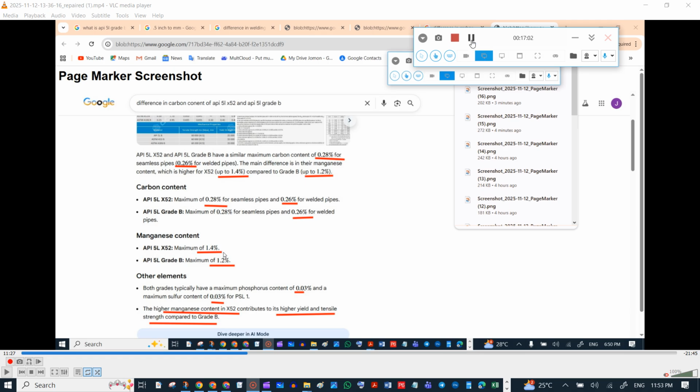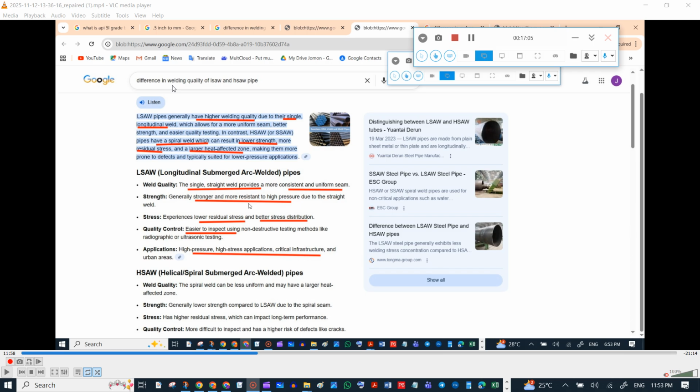Okay. So what is the difference in welding quality of a longitudinal SAW and a helical SAW? Longitudinal SAW will have a higher welding quality due to a single longitudinal weld, which allows for a more uniform seam, better strength and easier quality testing, in contrast with the spiral weld given to the spiral SAW, which can result in lower strength, more residual stresses and a larger heat affected zone.